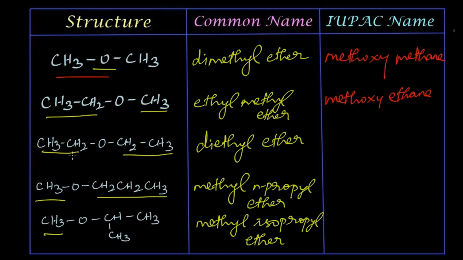And here, both sides are ethane, so ethoxyethane. Here 1, 2, 3. This is propane. To the first carbon, methoxy is attached. So 1-methoxy, and since it is at position 1, we have to number it. So 1-methoxypropane.